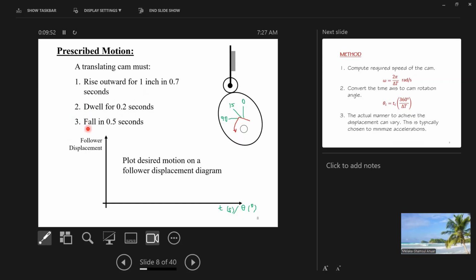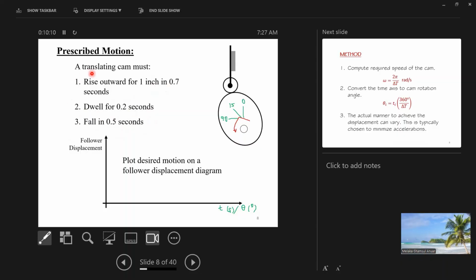it will fall. So meaning this thing will fall back down to the base circle. So meaning it will fall this much, 1 inch, and that interval will take 0.5 seconds.